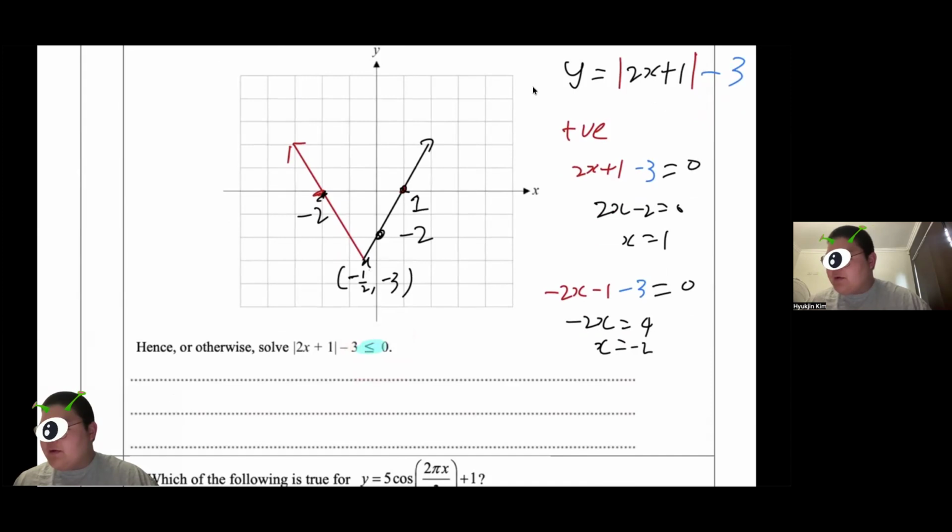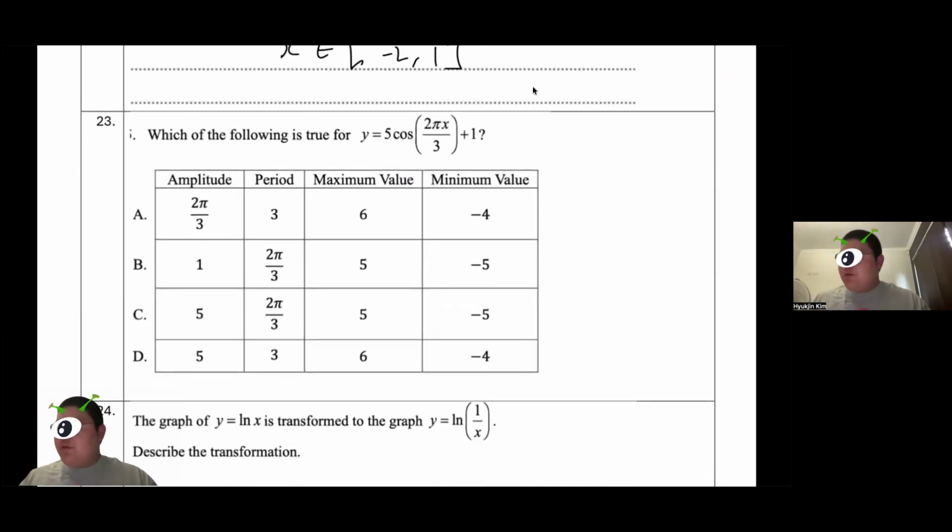We're looking for the values of x where the function is less than or equal to 0. That is these guys, this is where that's happening. Now, this just means x has to be an element of -2 to 1, inclusive.